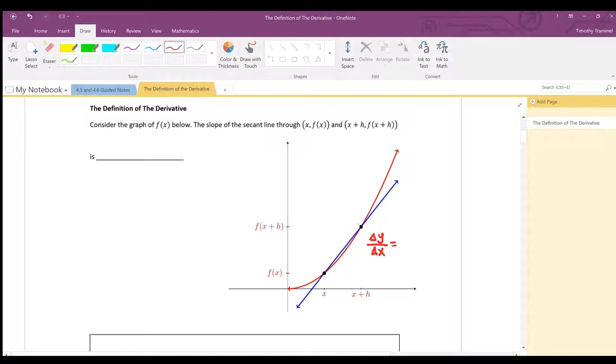Well, the y value here is f of x plus h. Then minus, and the y value here is just f of x.